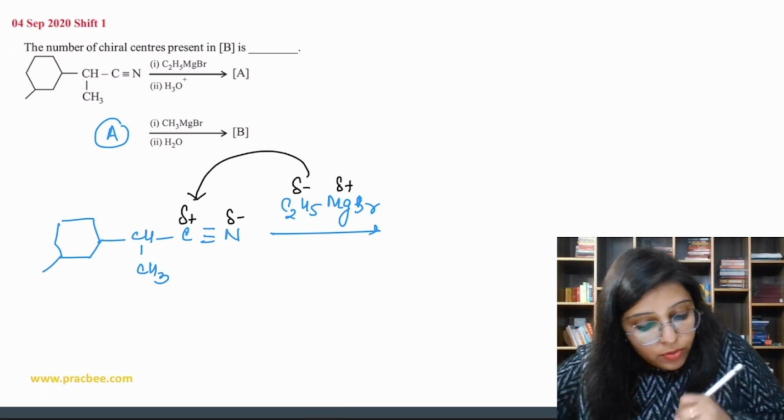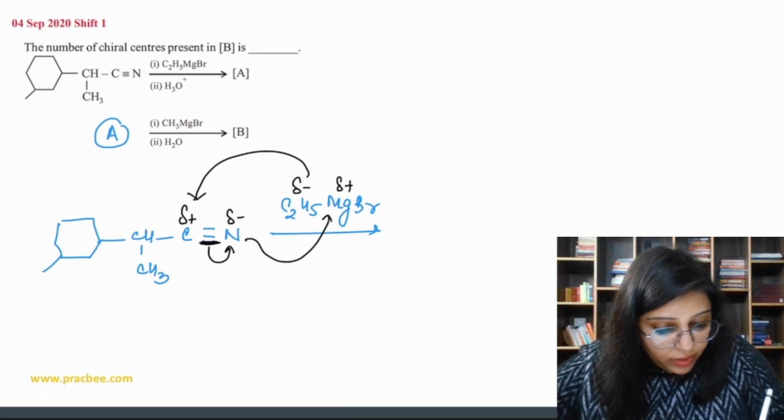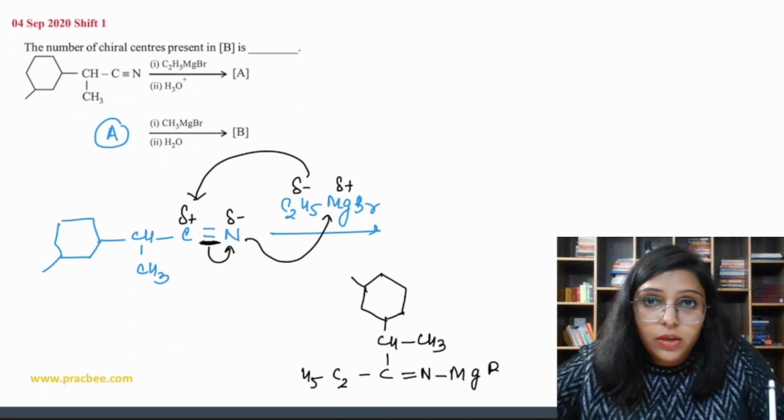So C2H5 forms a bond with the carbon, the electrons of this bond shift to nitrogen, and nitrogen forms a bond with MgBr. So we write CH CH3, then C, C2H5, double bond N, MgBr.